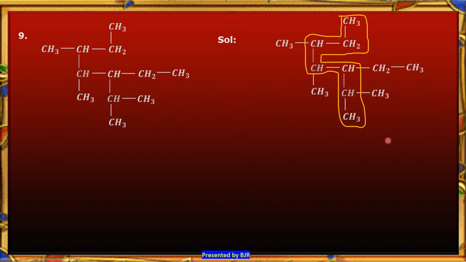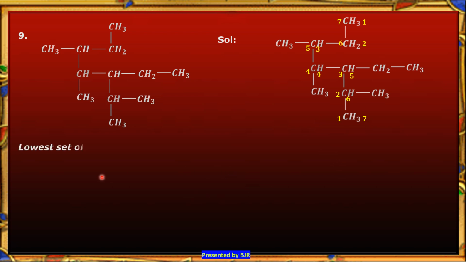Now numbering can be done either from bottom to top or from top to bottom. So I will do the numbering in both ways. Then I will verify which one is the correct one. So here I am numbering from bottom to top, here from top to bottom also. Now use the lowest set of locants rule to know which way of numbering is correct.